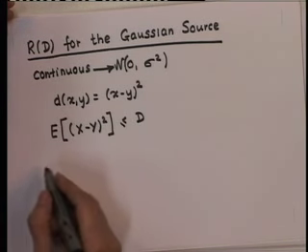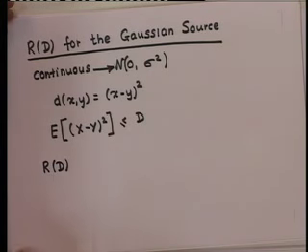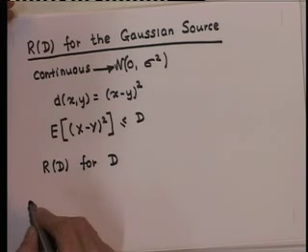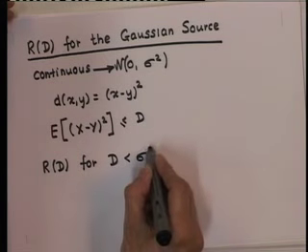So, first we will calculate the rate distortion function for specified distortion level less than sigma squared.